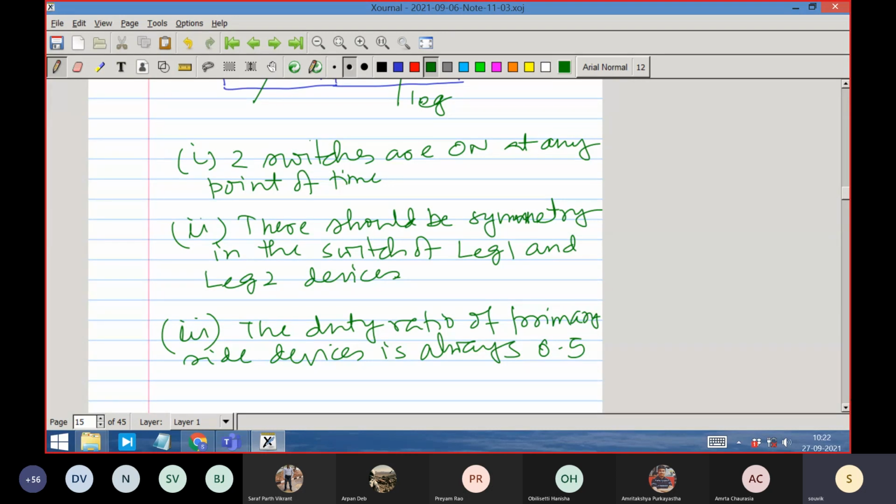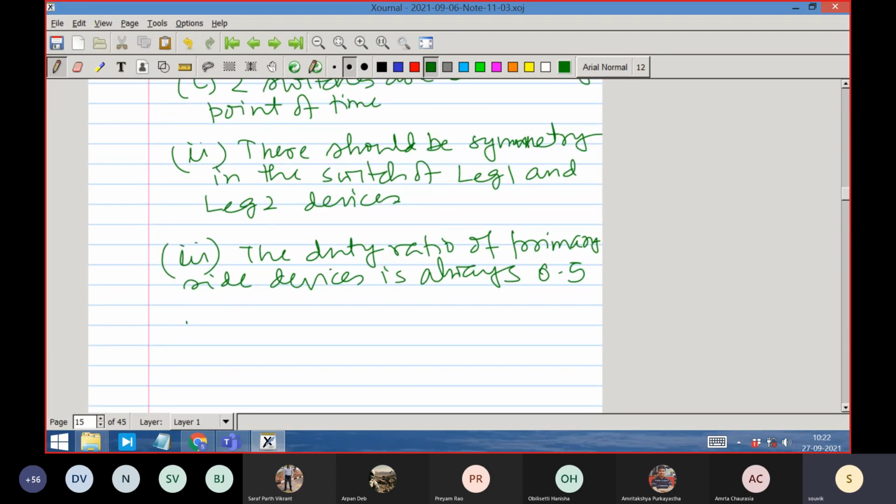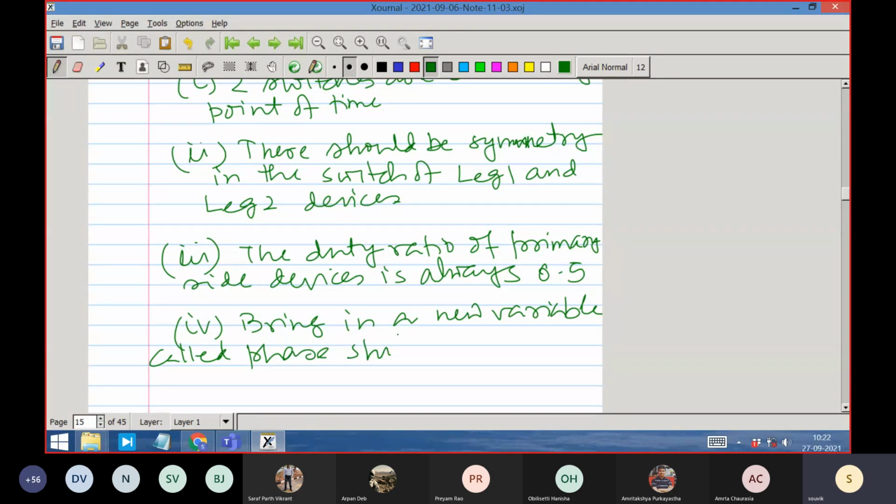I don't need a very narrow duty ratio to control, but we will still control the output voltage. We are bringing in a new concept called phase shift, a new variable called phase shift, d phi.